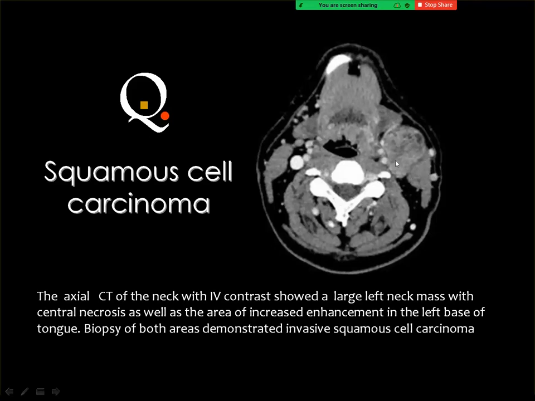Then many of you may ask, how can I judge that this is a malignant lesion? It's not well defined, and not clearly separable from the adjacent parts like the submandibular salivary gland, the carotid vessels and the sternomastoid muscle.